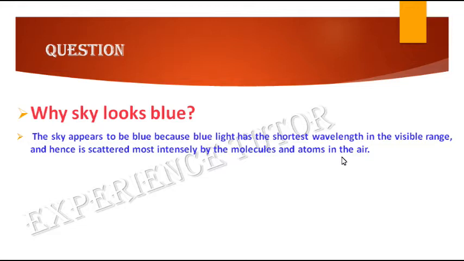So the full answer will be: the sky appears to be blue because blue light has the shortest wavelength in the visible range and hence is scattered most intensely by the molecules and atoms in the air.